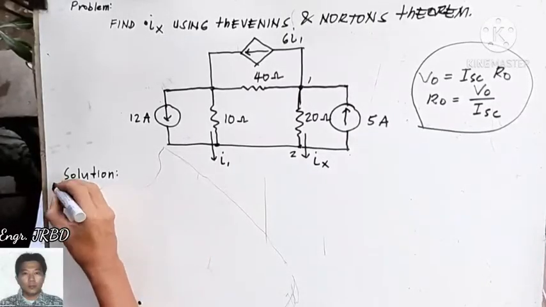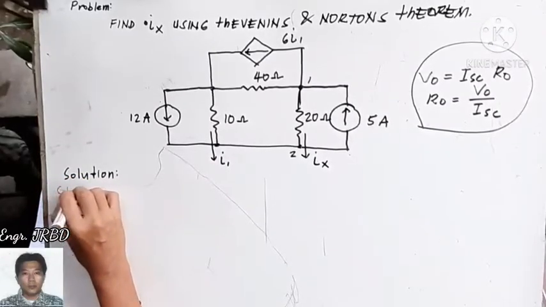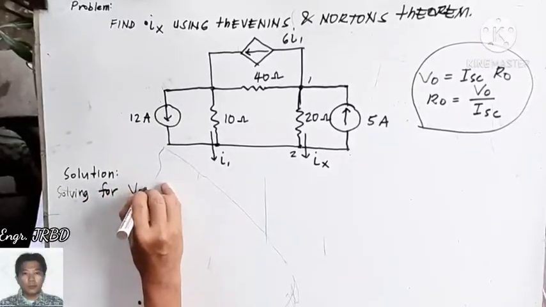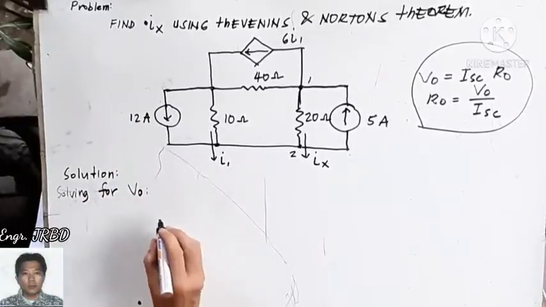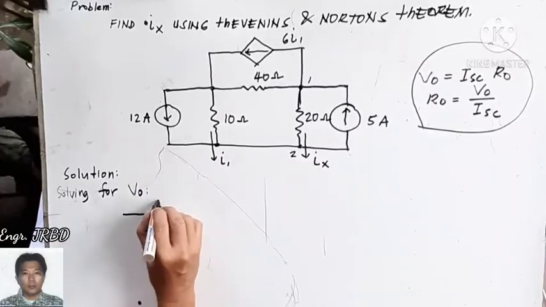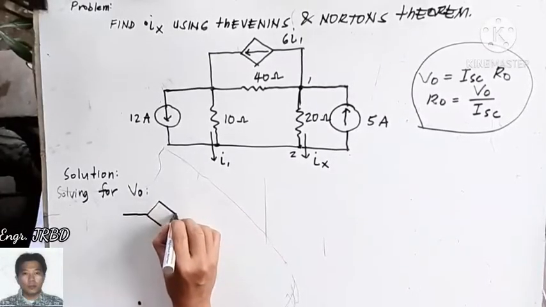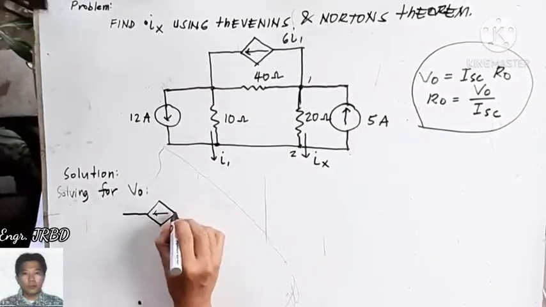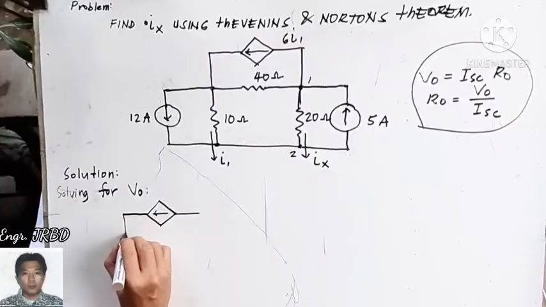So let us now try to find the open circuit voltage first. Solving for the open circuit voltage. Let us try to redraw the circuit again. Sometimes redrawing the figure will help you analyze more closely.